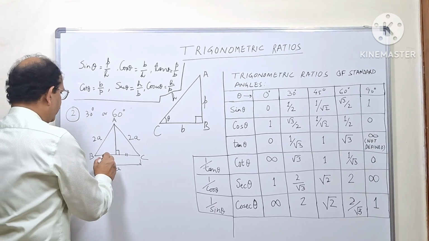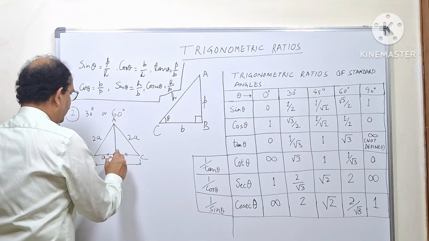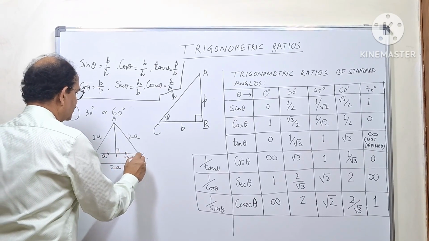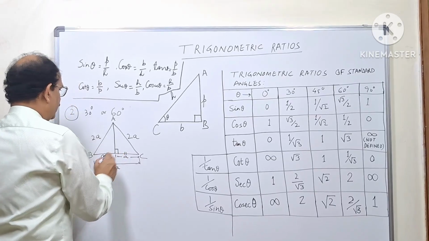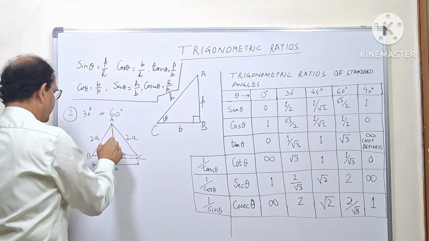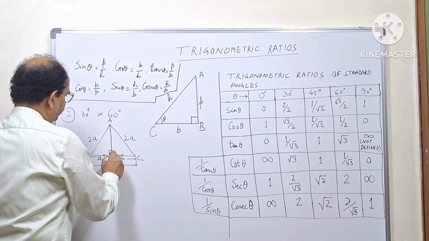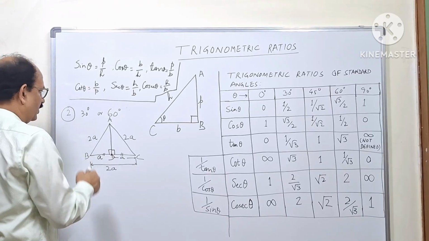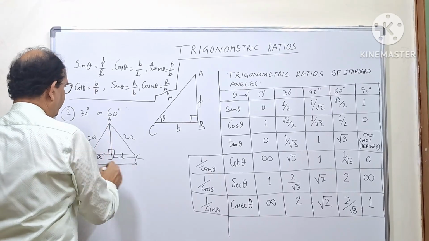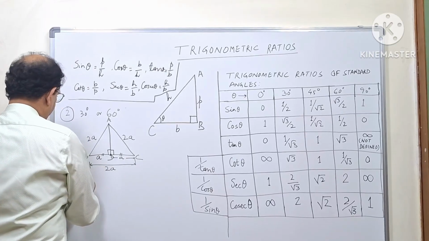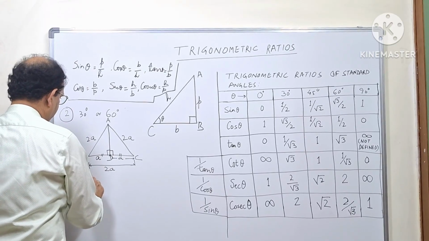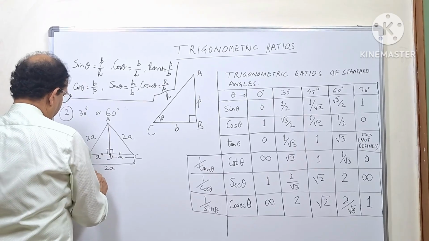So therefore, this becomes a and this portion also becomes a. Now because this is 90 degree, let us give it a name like D, this point. So triangle ABD is a right angle triangle.